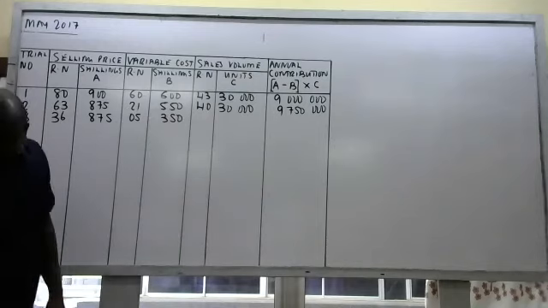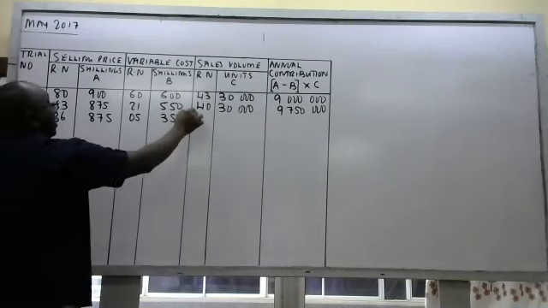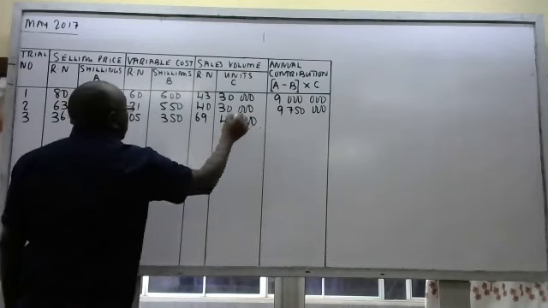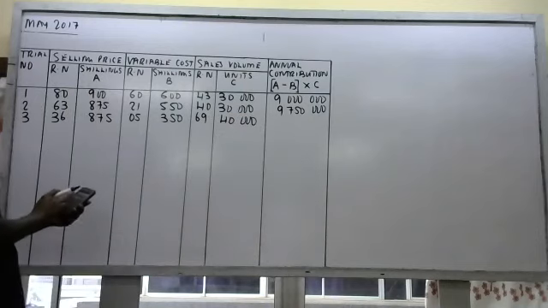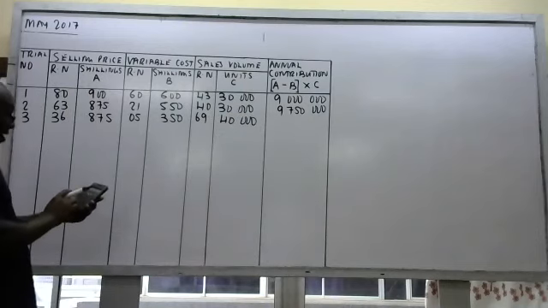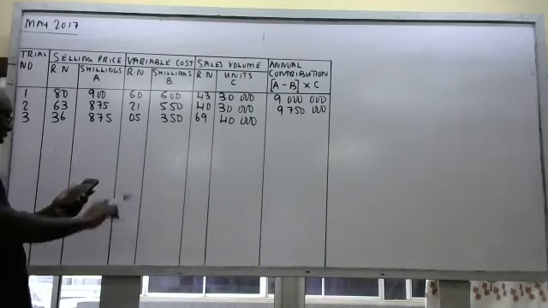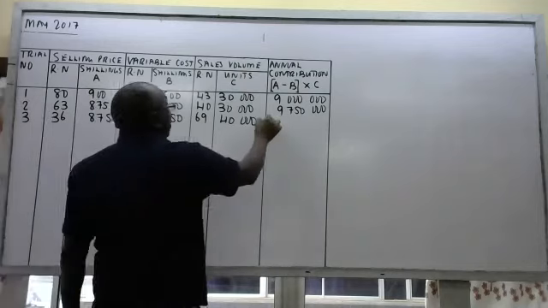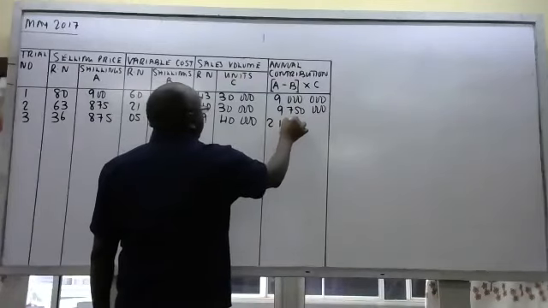Then after 05 I have 69. 40,000. So if I say 875 minus 350 times 40,000 is 21 million. Okay, 21 million.